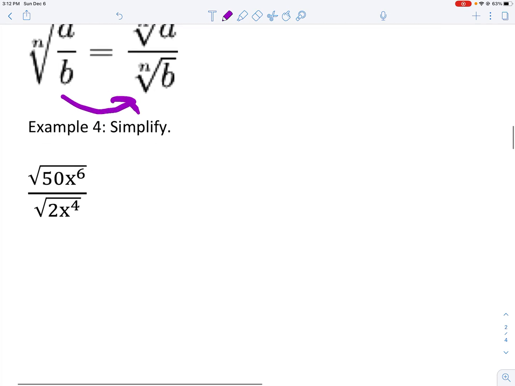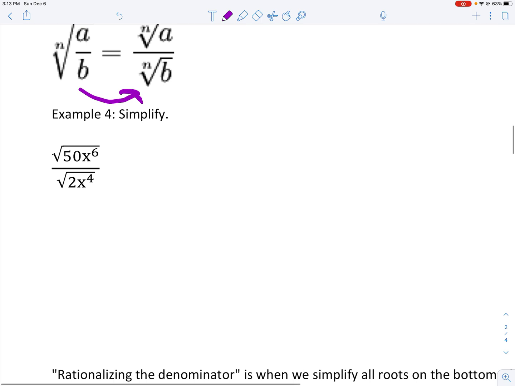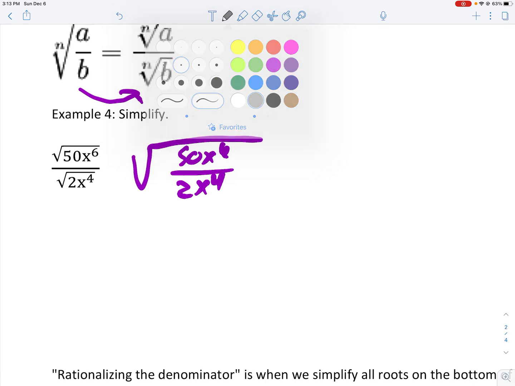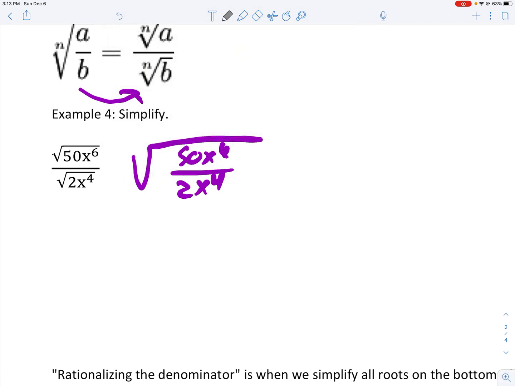So for example 4, I'm going to rewrite that as one big radical because they're both square roots. So 50x to the 6th over 2x to the 4th. So why would I do that? Well, now I have a fraction that I can simplify. Right? 2 goes into 2 once, into 50, 25 times.